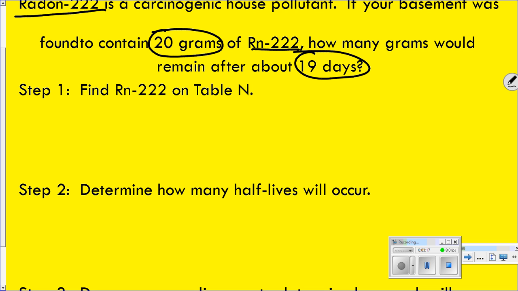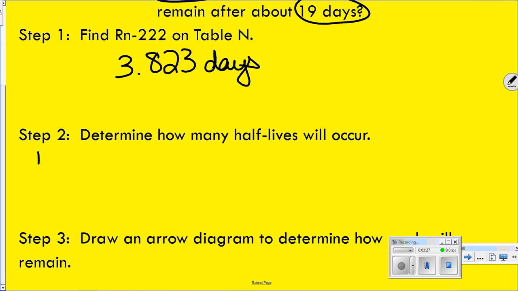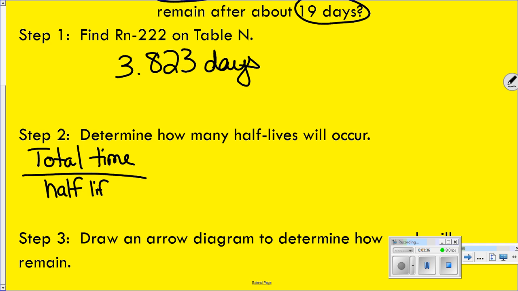So this is 3.823 days. We're going to determine how many half-lives will occur. In order to do that, we're going to take our total time and divide that by how long the half-life is.